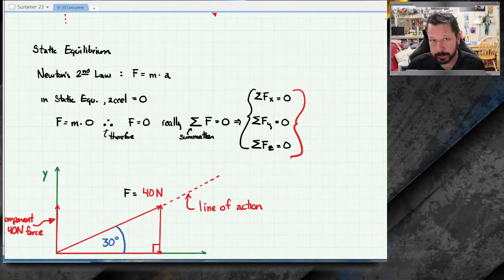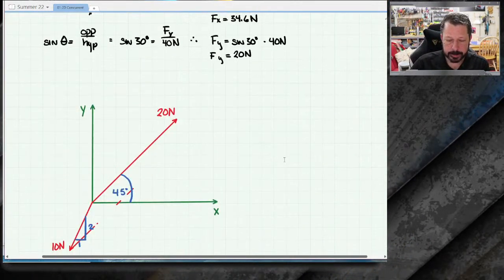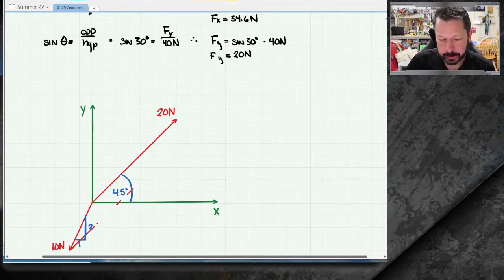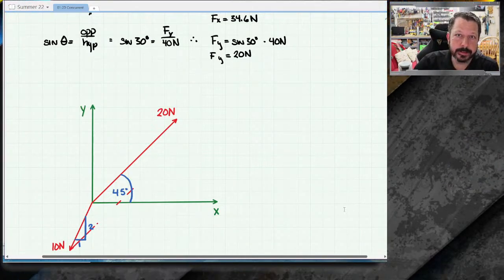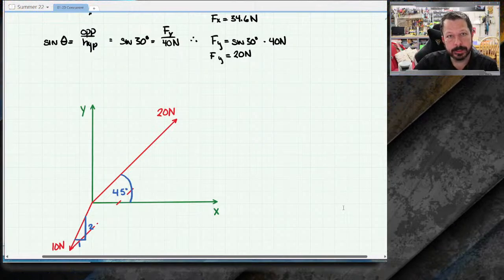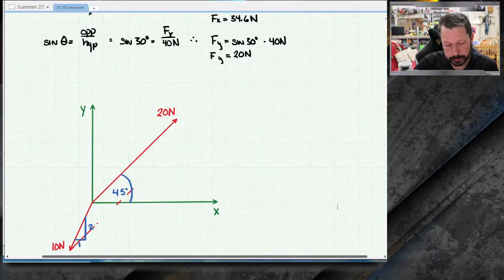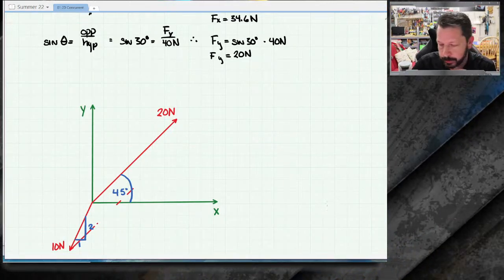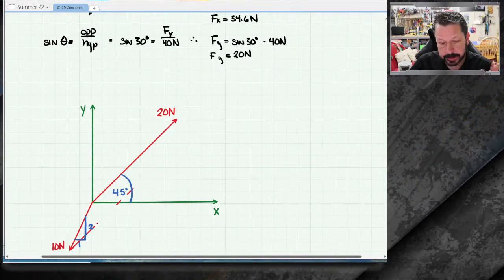But if they don't equal 0, then we've combined the two forces, but they don't add to 0, so it's not in equilibrium. After today, everything's going to be in equilibrium because we're in statics and mechanics. That static part of the course means that it's going to be in equilibrium. But for just figuring out how to add forces together, it may not be in equilibrium. In fact, these two are not going to be in equilibrium. All right, so let's see what they are.